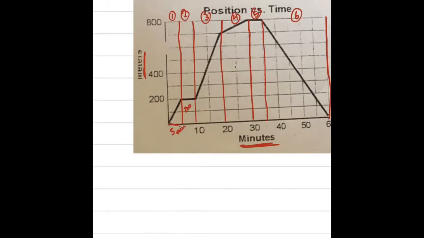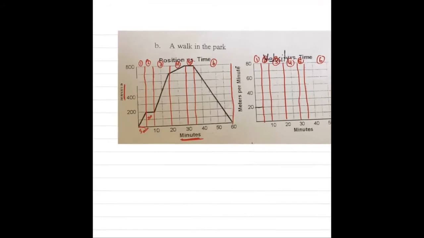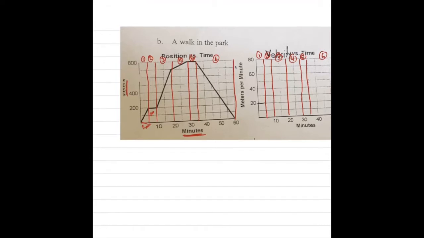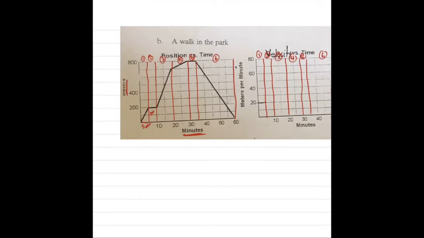So 200 divided by 5 is 40. And that means it's 40 meters per minute. And we noticed that, oh, the line was put at 20. So maybe we did something wrong. 200 divided by 5.